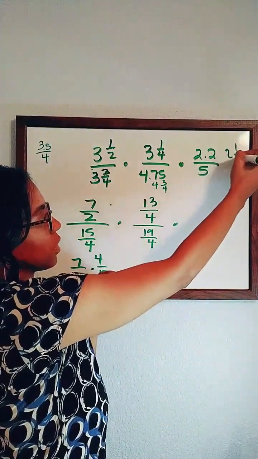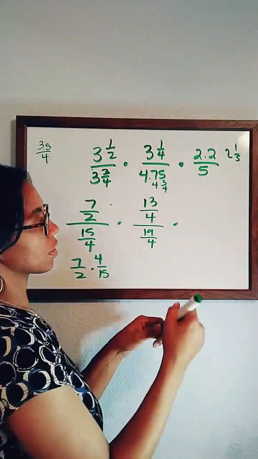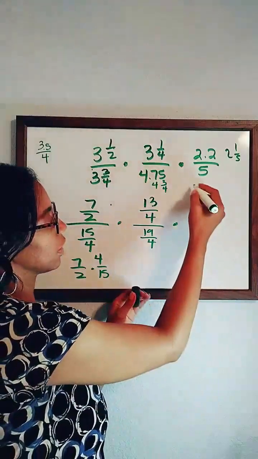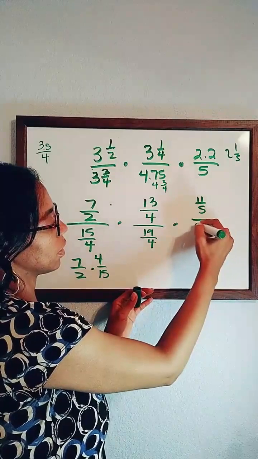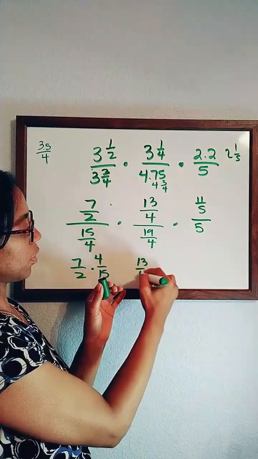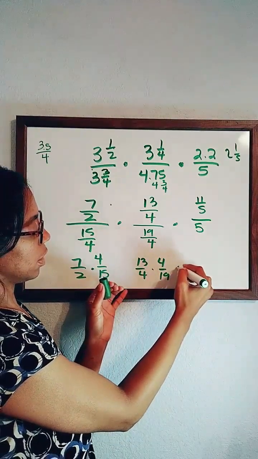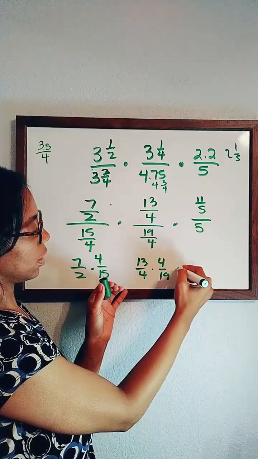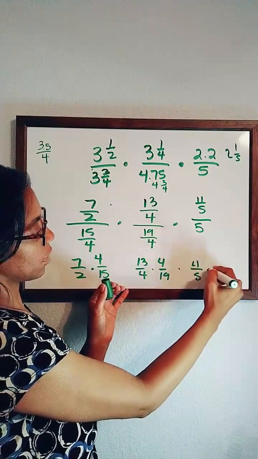I'm not tripping, it's quarters, nickels, dimes, whatever. So 11 over 5 divided by 5. So this would end up being 13 over 4 times 4 over 19. And then times 11 over 5 times 5 over.